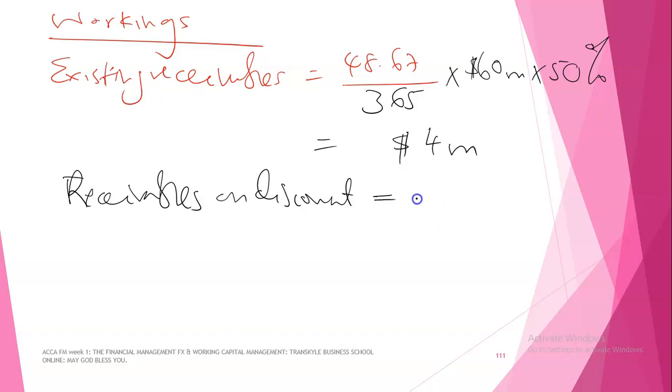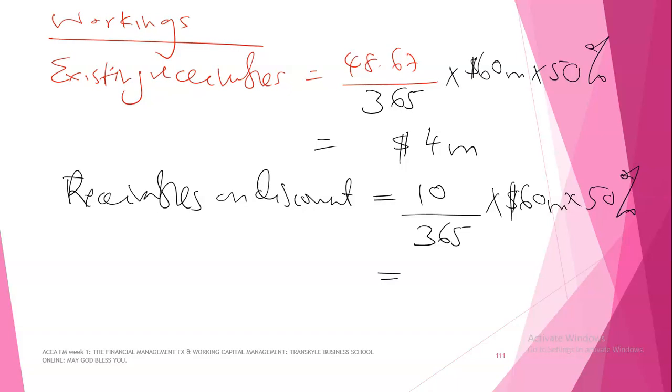We are told by the examiner that these customers, if they take the discount, are going to pay in 10 days, over 365 days in a year, multiplied by 60 million, multiplied by 50%. There will be half of the receivable, 50%. So in that case, we are going to get some figure there.